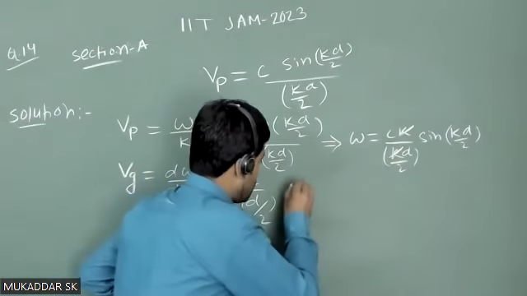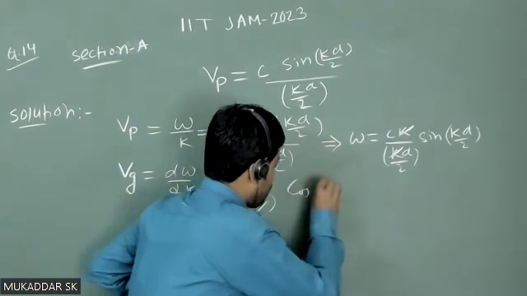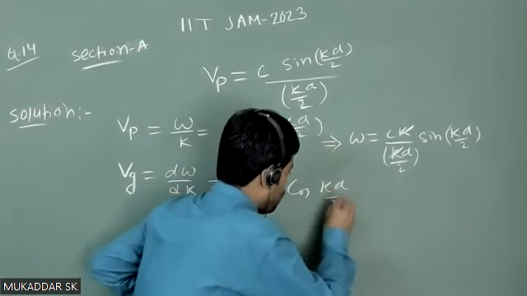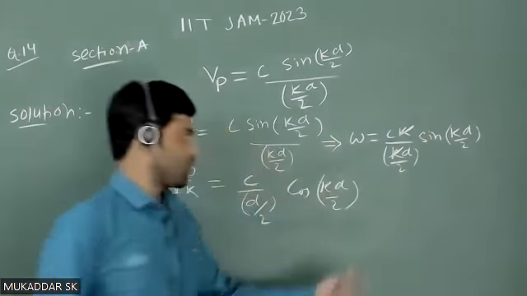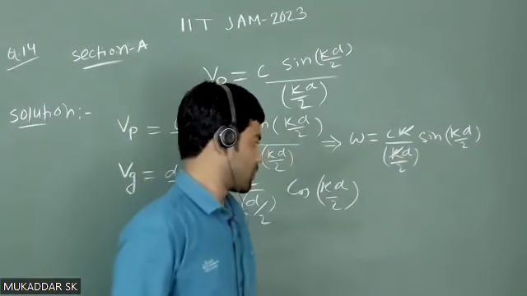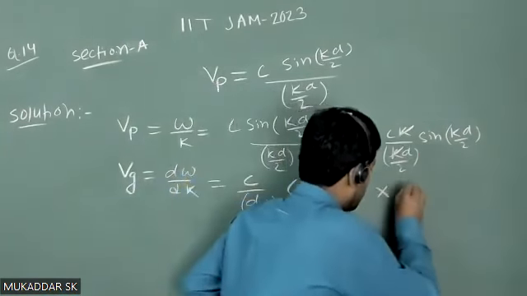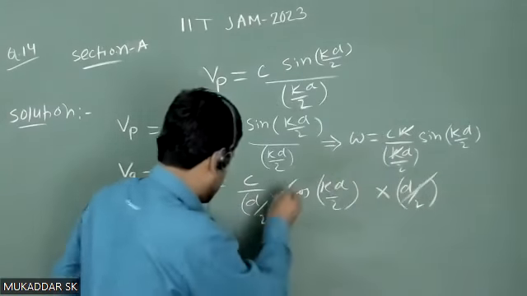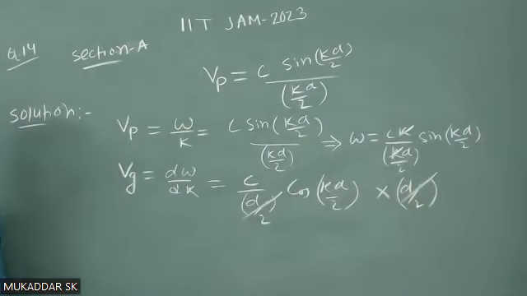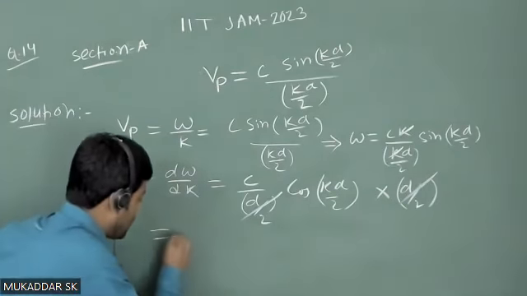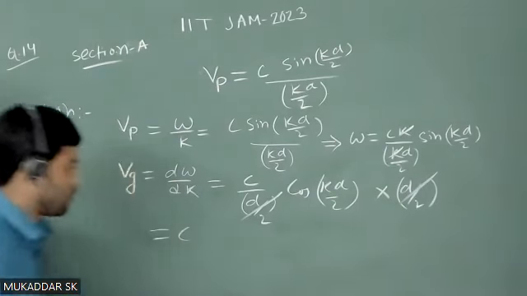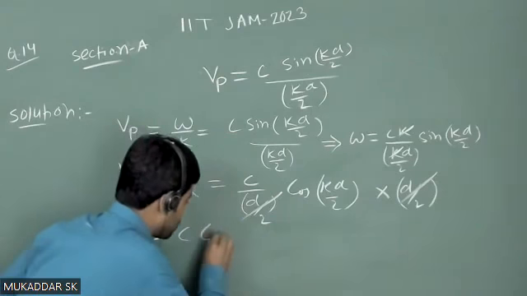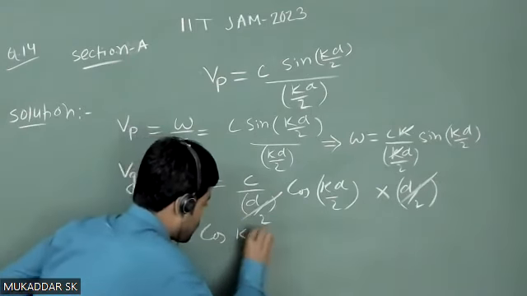It will be cosine of kd by 2. Then further you have to differentiate kd by 2 with respect to k, and that will provide a d by 2 factor. And this d by 2 will be cancelled with the denominator d by 2. As a result, I'll get the group velocity of this wave, that will be c times cosine of kd by 2.